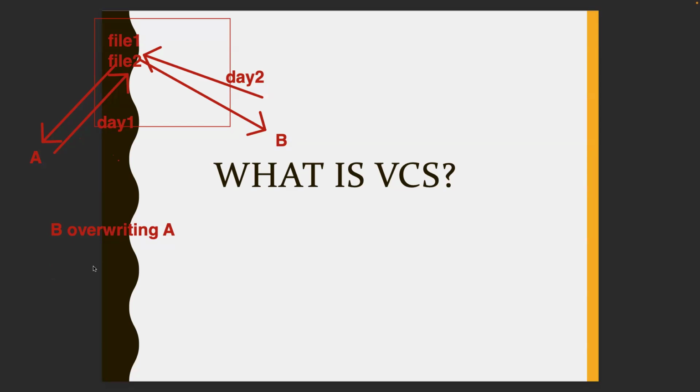Correct? So how do we achieve this? How can we allow multiple people to work on the same file? There could be multiple people because it's a team, multiple people working on the same file. So how can we allow this without changes being overwritten or messed up? That's where a version control system comes in.